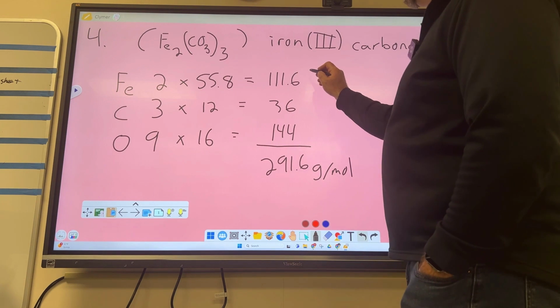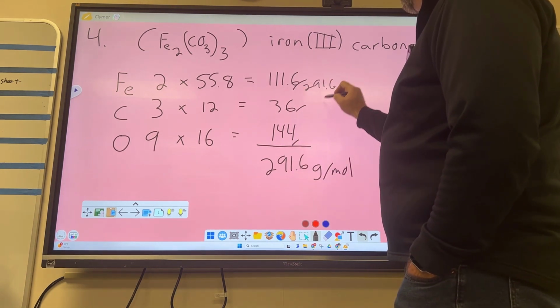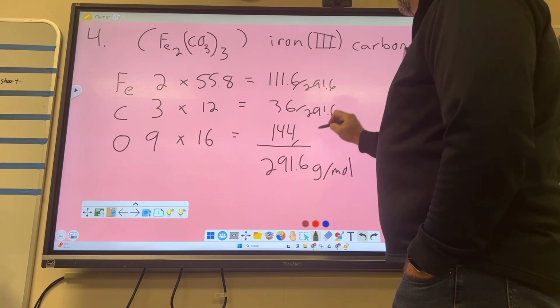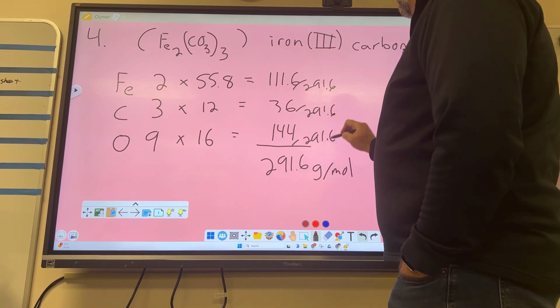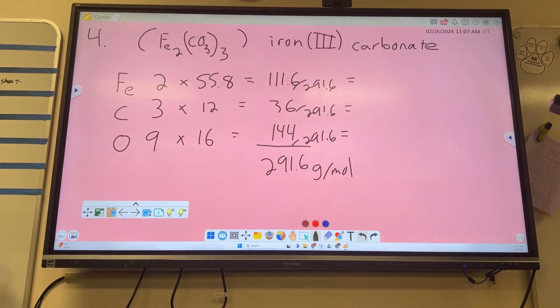And then to find percents, we just come in here and divide all these by 291.6. And from there, figure out our percents.